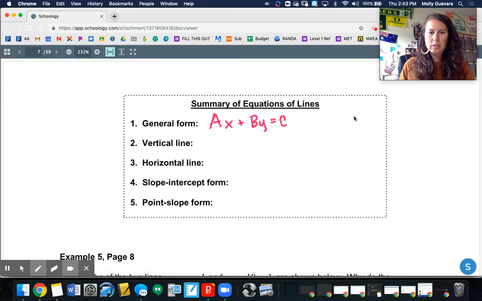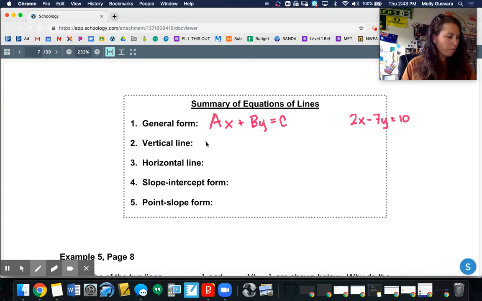So this could look like 2x minus 7y equals 10 or something like that. Okay, I'm just making up random numbers.